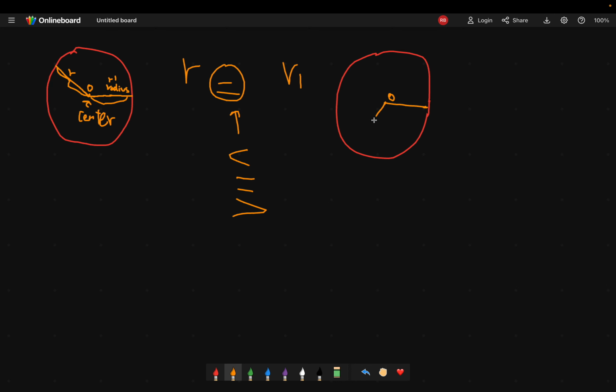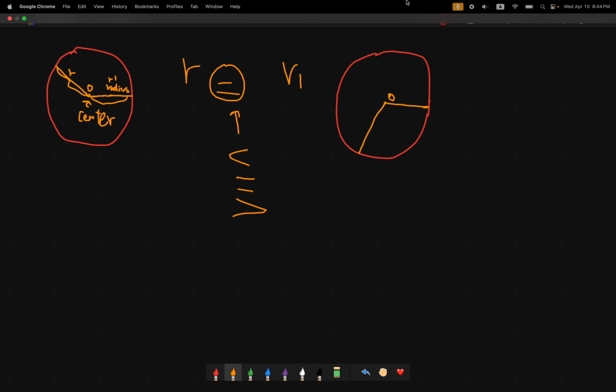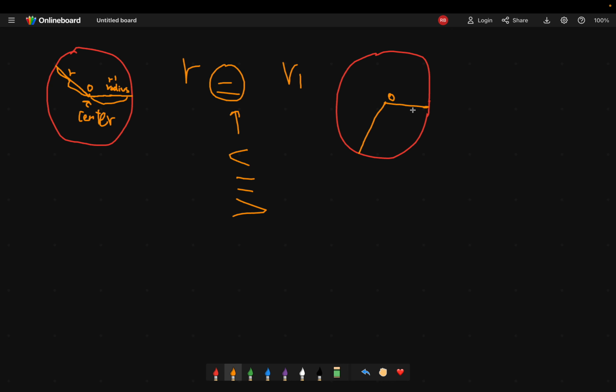And we have radius 2. They may not look the same, but my circle is wonky. So, as you can see here, I'm going to give you the length of this radius. We're going to say 5 centimeters.